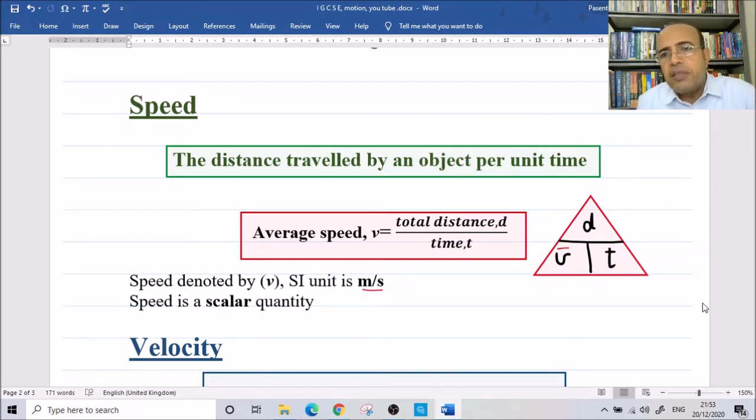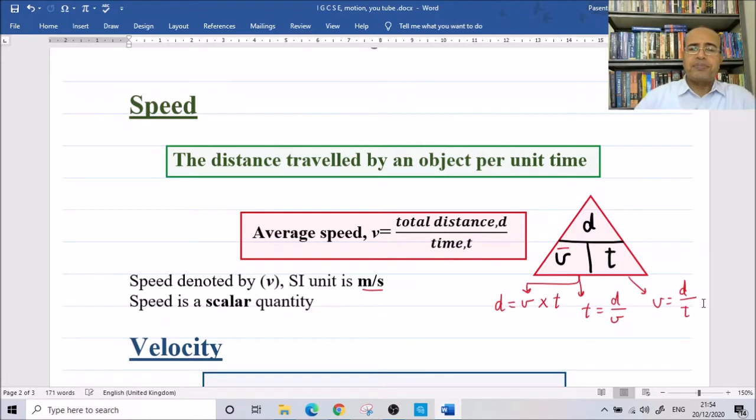From this triangle, we can deduce three formulae. The distance equals the average speed multiplied by the time, and the time equals the distance over the average speed. Finally, the speed equals the distance over the time.